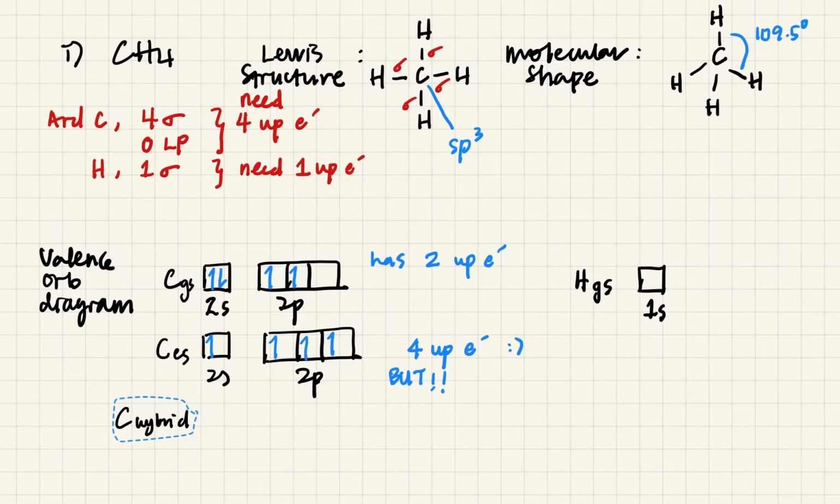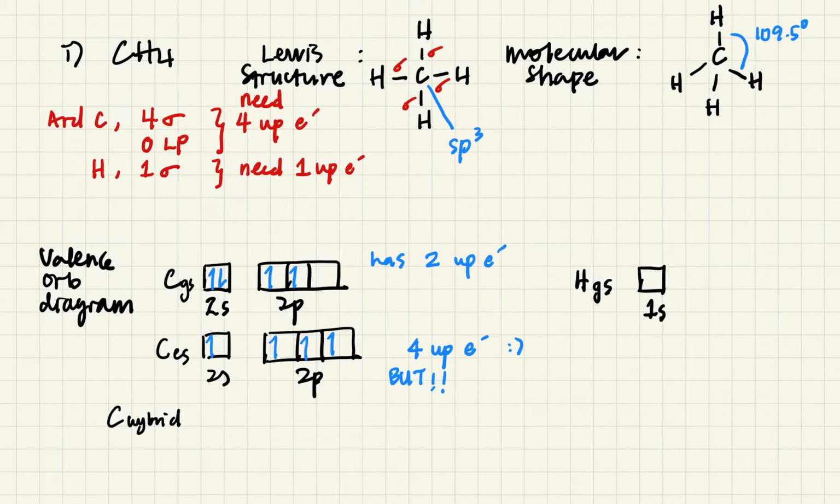Which orbitals are we going to mix to make sp3 hybrid orbitals? We're going to mix one s, the 2s orbital, and p3, right? That means 3 of the 2p orbitals. So I'm going to mix that now.